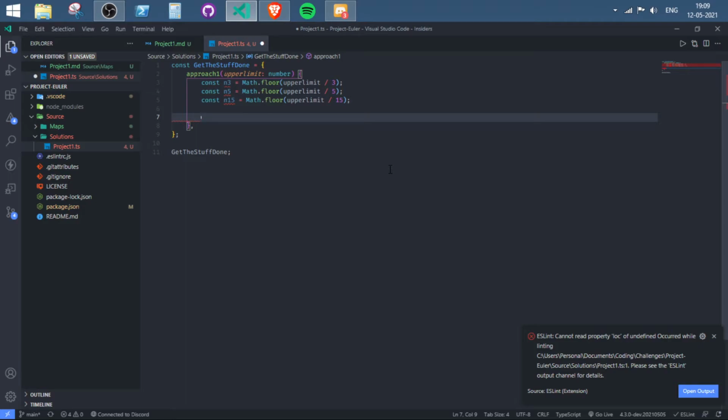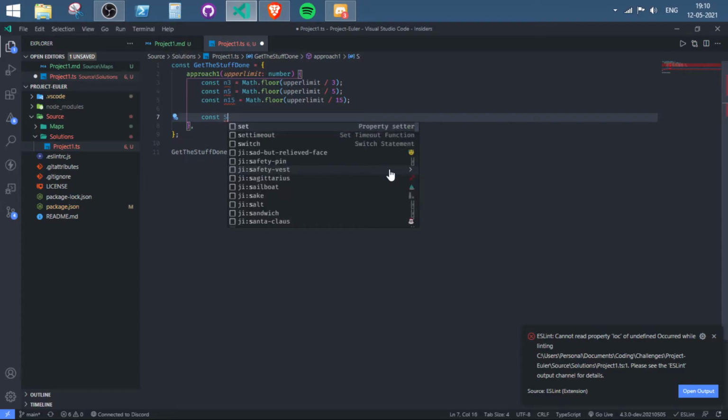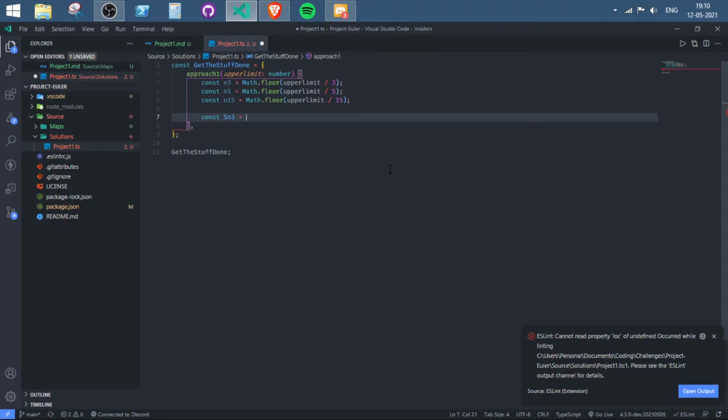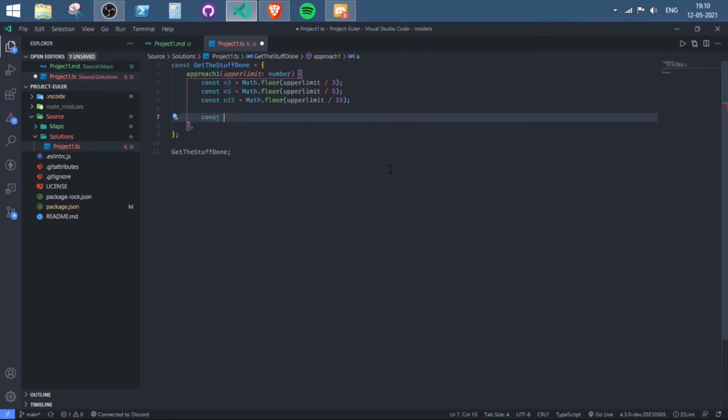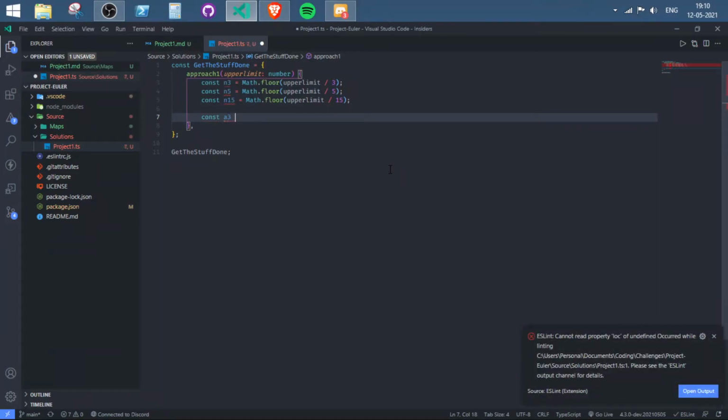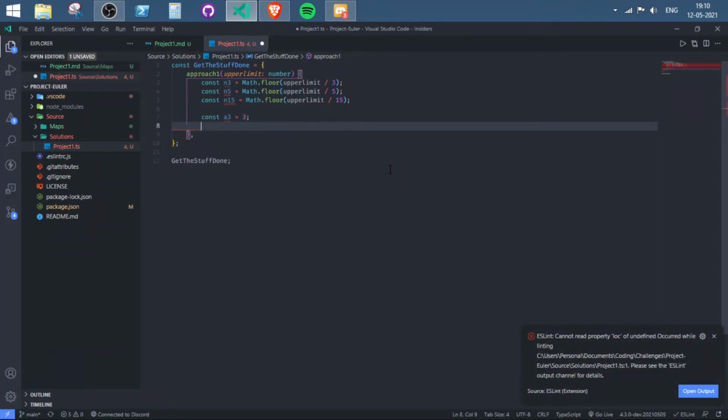Now we are gonna do const s n, like sn3, or we could just first define the stuff, if you want it less concise. So it is gonna be 3.